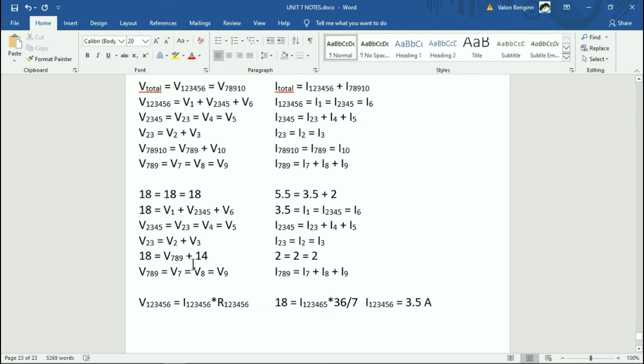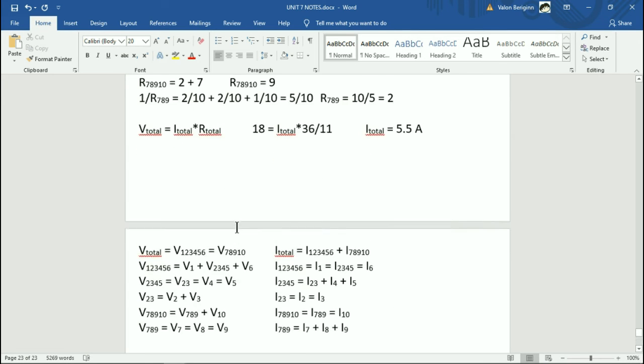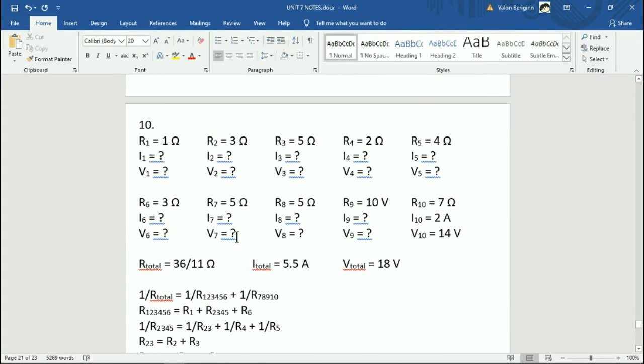Hey, wait a minute. 18 equals something plus 14. This has to be 4. Which means this is 4, which means this is 4. This is 4, and this is 4. So 7, 8, 9 are all 4.